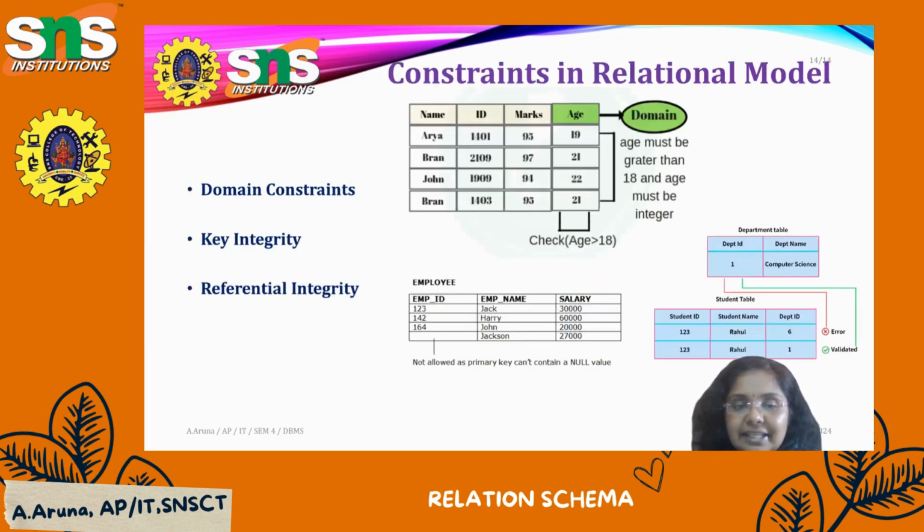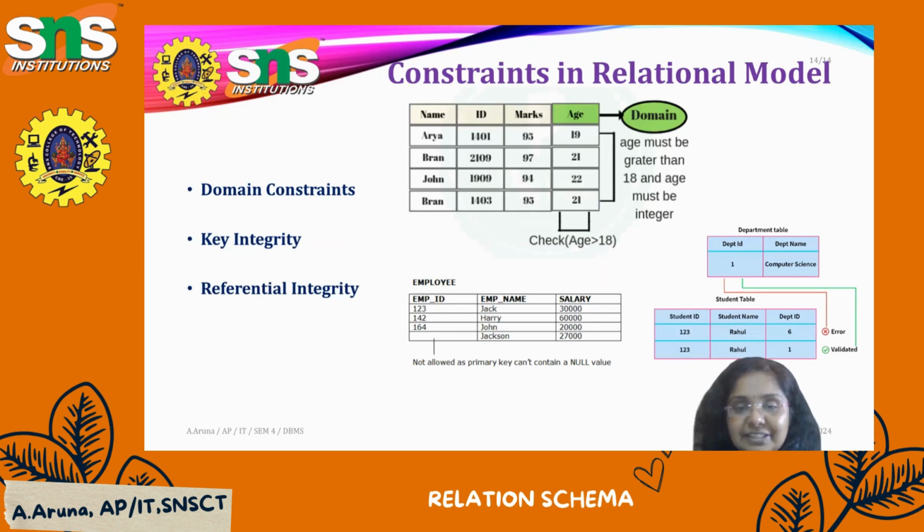Next thing is the constraint. It has three different types of constraint: domain constraint, key constraint, and referential integrity. Domain constraint is nothing but, here you have a table. The table contains name, ID, mark, and age. I'm saying this is a domain constraint because only those who are 18 plus in age are applicable to enter this particular value.